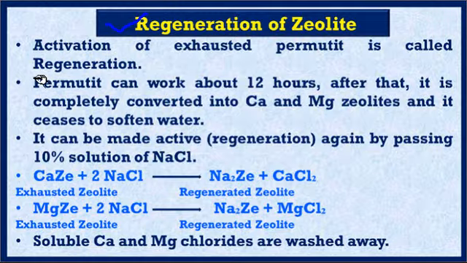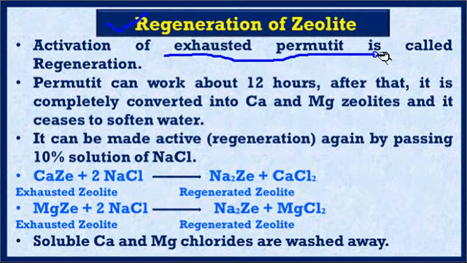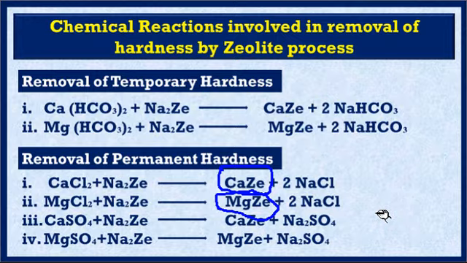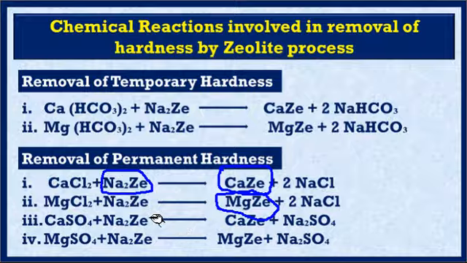So what is the regeneration? Basically, the activation of exhausted zeolite or permutate is called the regeneration. What is the meaning of the exhausted permutate or exhausted zeolite here? That means the zeolite which is now converted into the calcium or magnesium form is called the exhausted zeolite, because originally it is in the sodium zeolite form which is used for the water softening process, but during the softening process this sodium zeolite is converted into the calcium or magnesium zeolite.